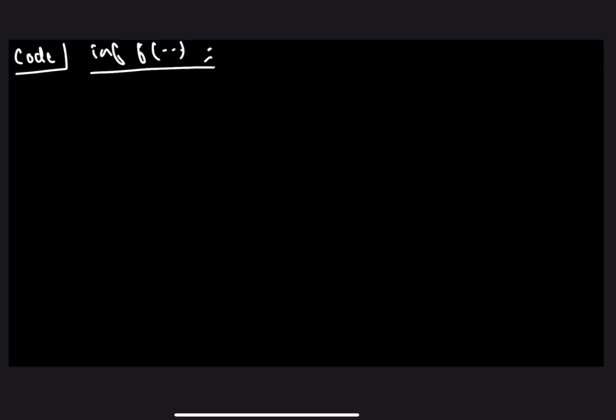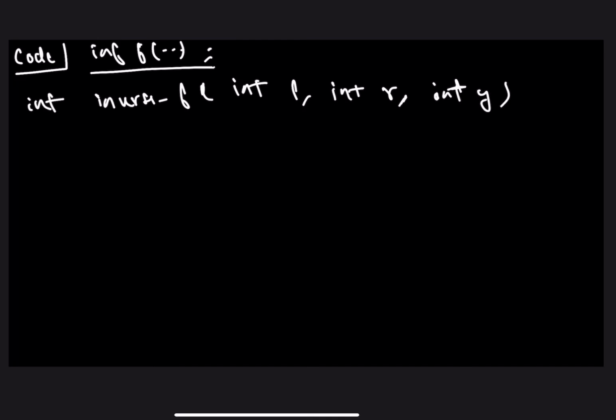I just need to call it. Now I have created another function, inverse f. It takes in the range L to R, in which I need to find the solution, and it also takes in the target value for which I need to find the inverse.